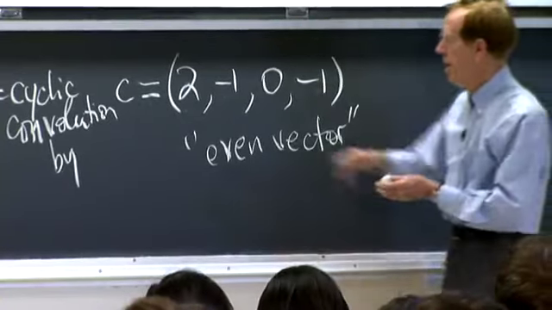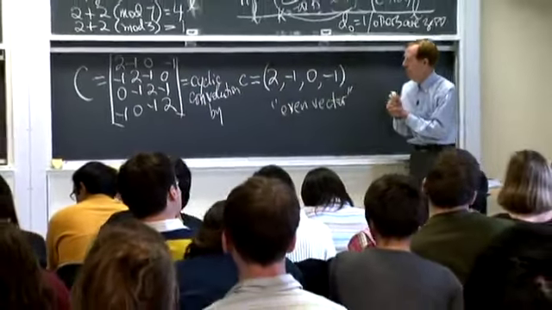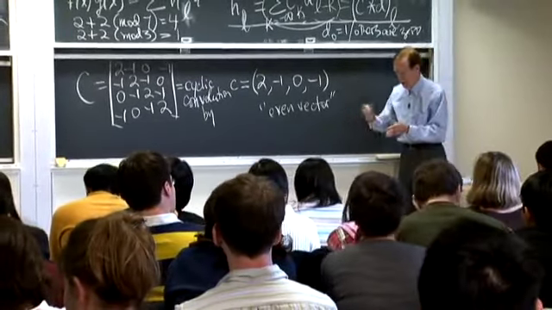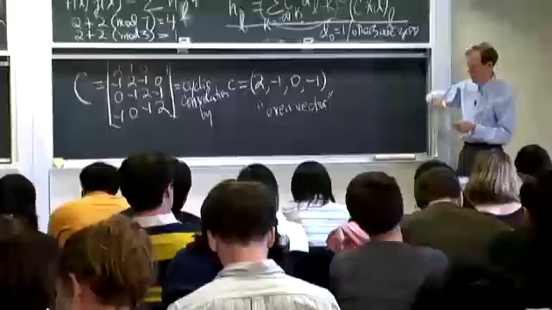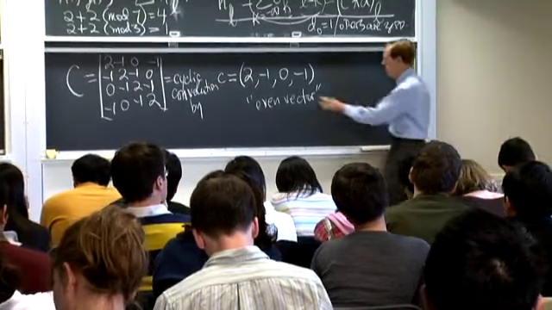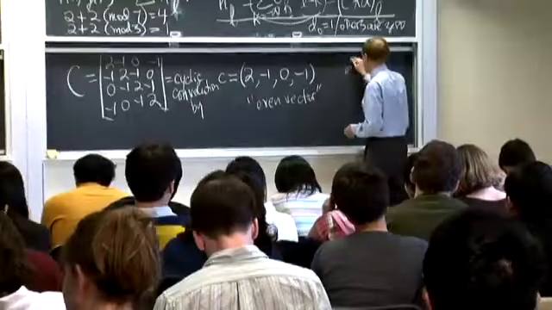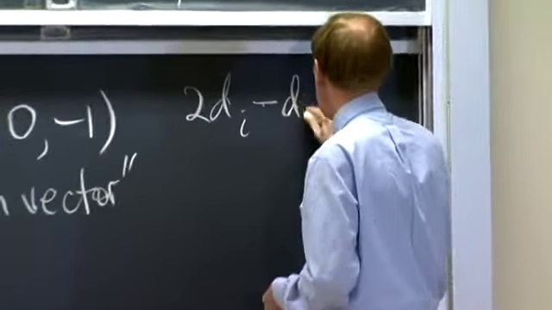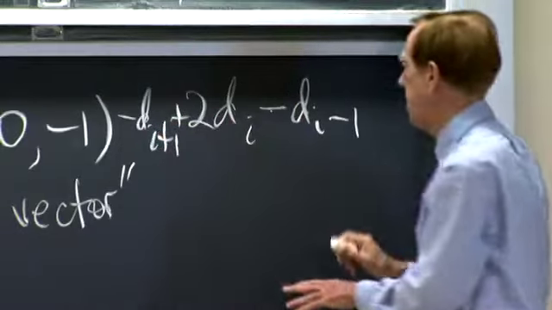And the cyclic convolution means you take second differences, of course. We're taking second differences, but everything in our world is cyclic. So the result, X4 is X0. So we're taking second differences D, I, 2 D_i minus D_(i-1) minus D_(i+1).